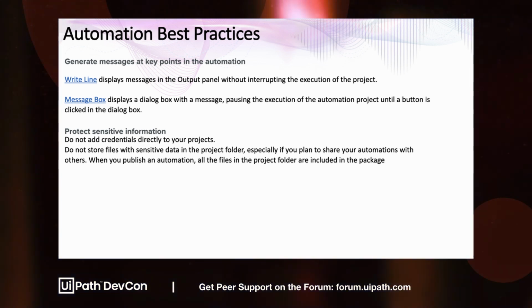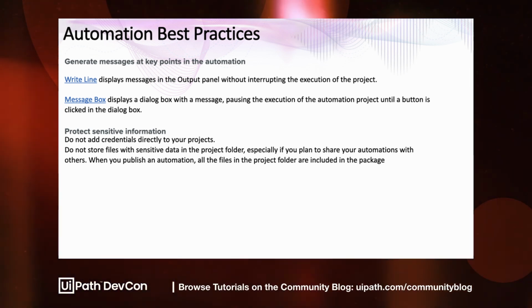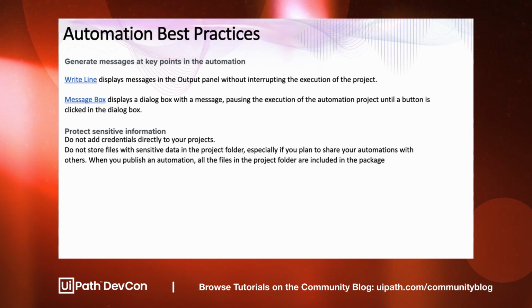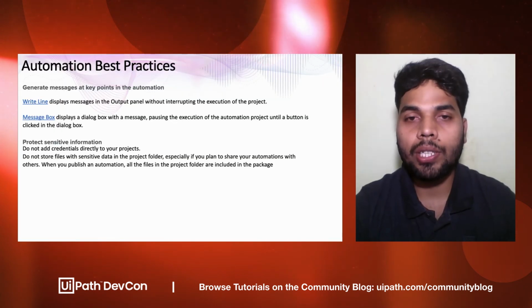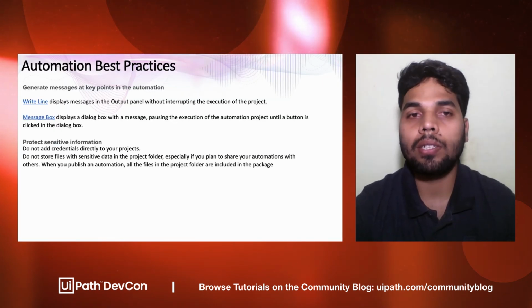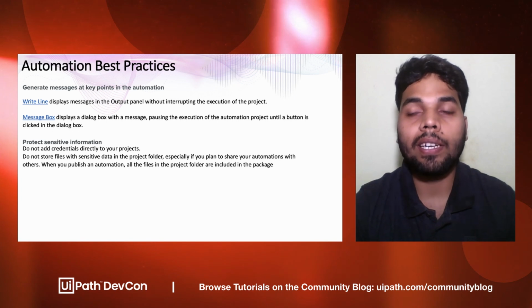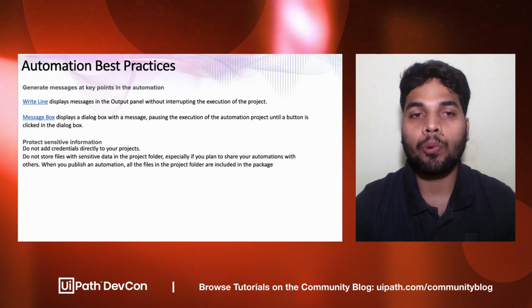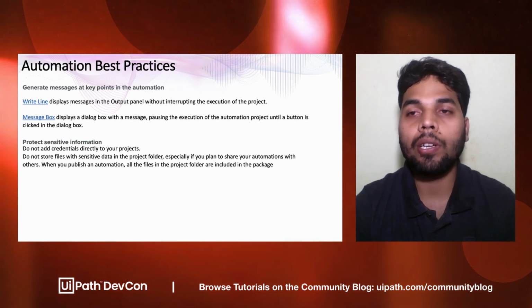You really don't need to save the password as part of your project. And never print a credential with Write Line just for debugging purposes, because the moment you use Write Line, the text also gets pushed to Orchestrator, to different logs or into the system. So there is a possibility that data sensitivity will be compromised. So always remember to take care of your sensitive data and not keep it in your project.